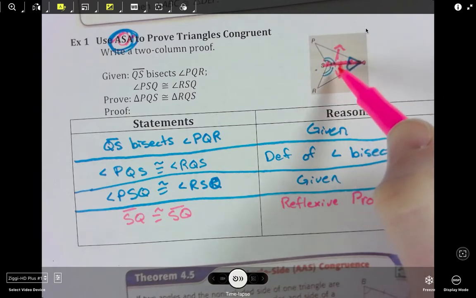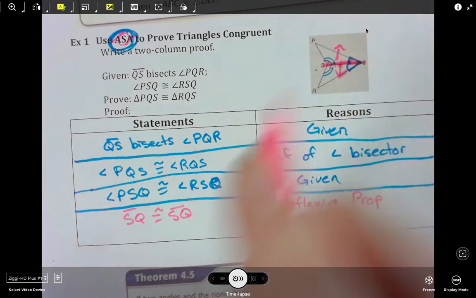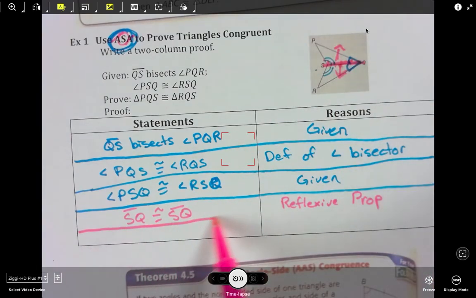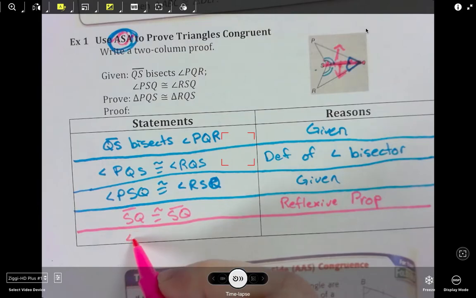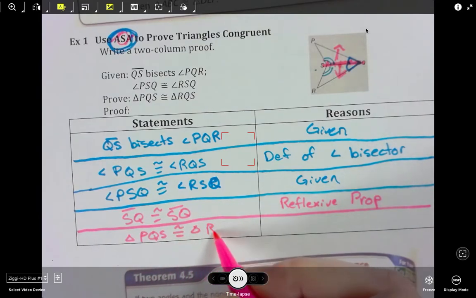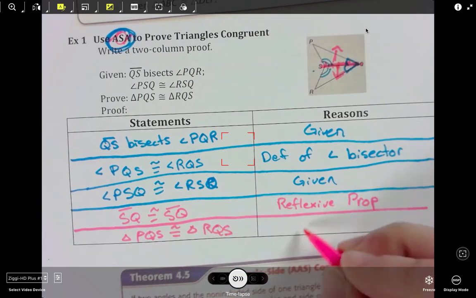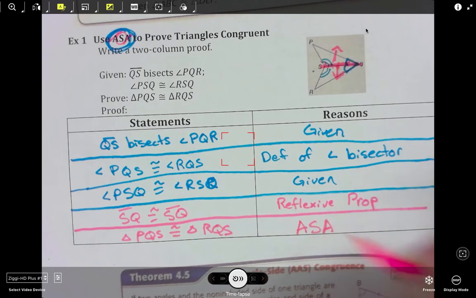Angle, side, angle for both the top triangle and the bottom triangle. And when those are the same, then I can say that triangle PQS is congruent to triangle RQS. And that is for the angle, side, angle congruence. Okay, and that's it. Done.